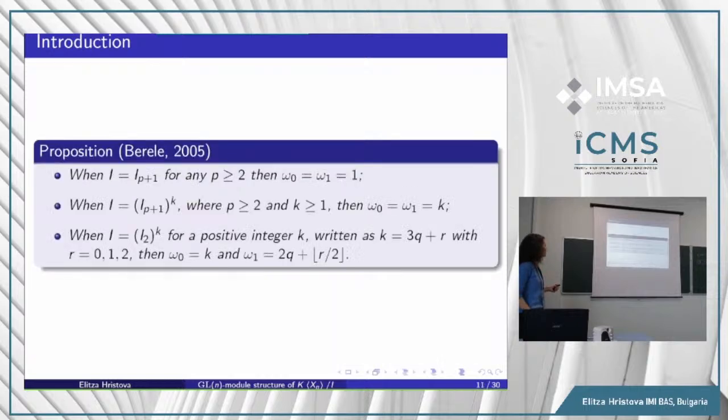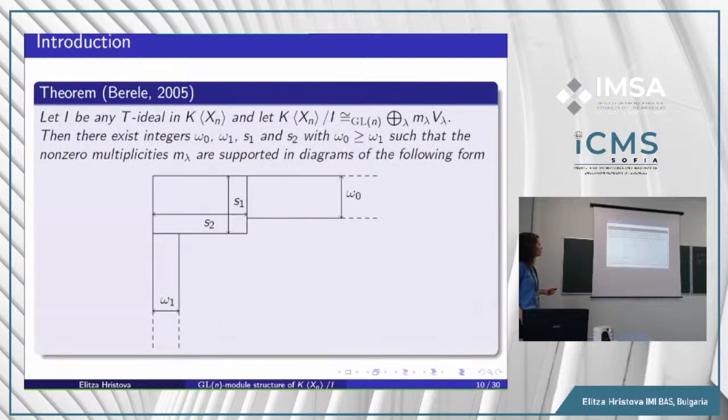So when we take the ideal I to be the ideal generated by commutators of length p, where p is greater than 2, then omega 0 and omega 1 are equal to 1. They are actually called the arm of the partition and the leg of the partition, that is, the arm width and the leg width of the partition.